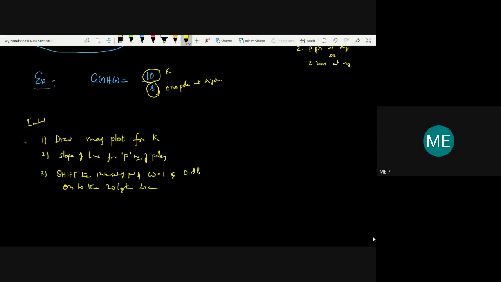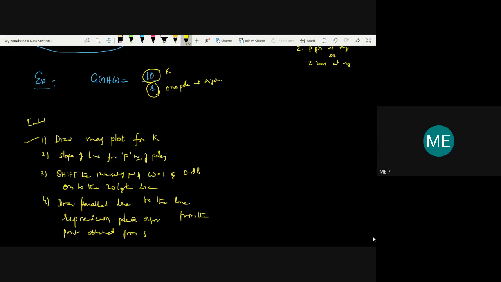Means the 20 log K line is here, right? So onto that, of course, we'll show how it can be shifted. Now, the fourth one: draw a parallel line to the line representing pole at origin, from the point obtained from step 3.